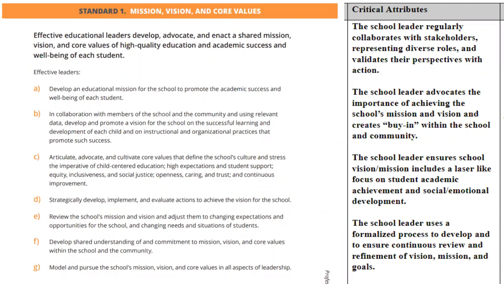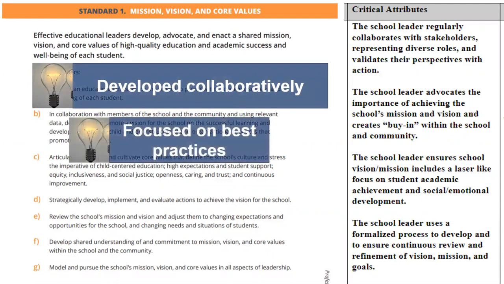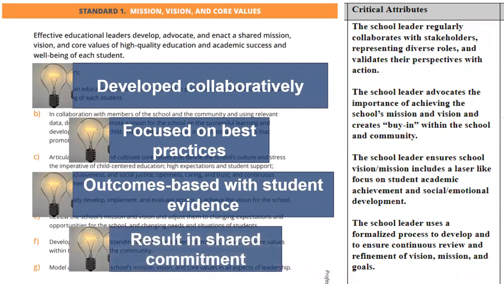Within a standard, there are noticeable big ideas embedded. In the provided example, this standard is holding educational leaders responsible for action that utilizes collaboration, implements best practice, focuses on positive student outcomes, all resulting in shared commitment. After the big ideas of the standard are identified, the next step is to look at elements.